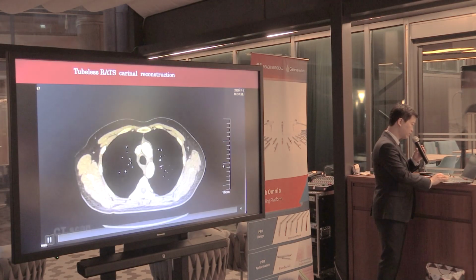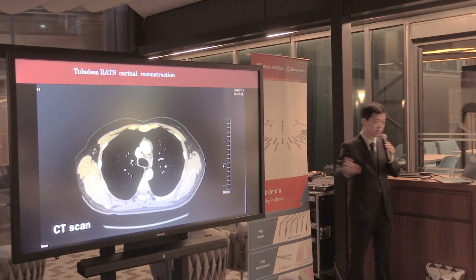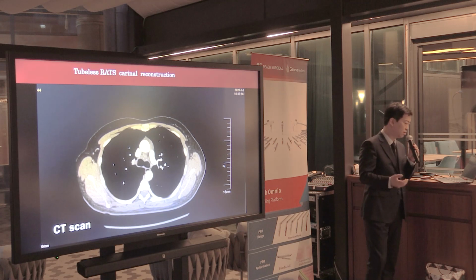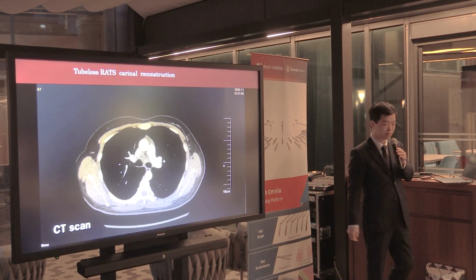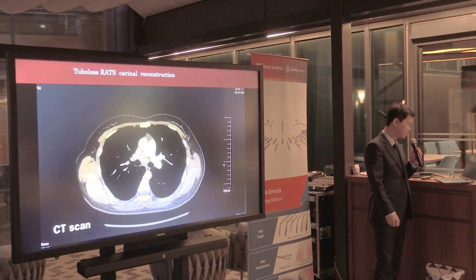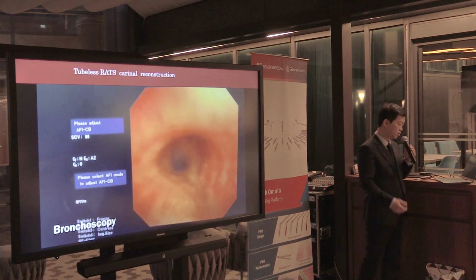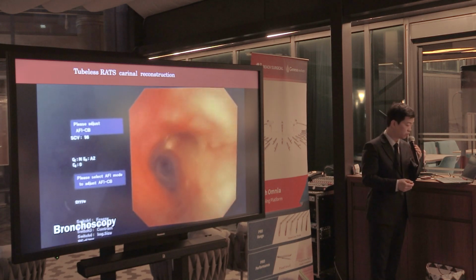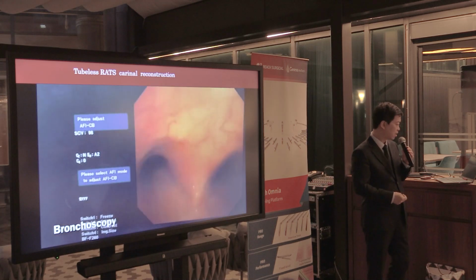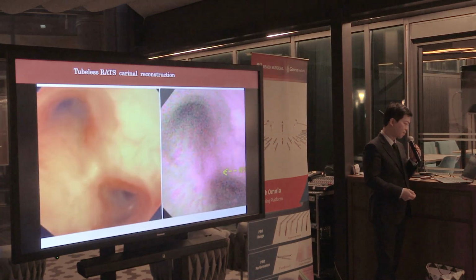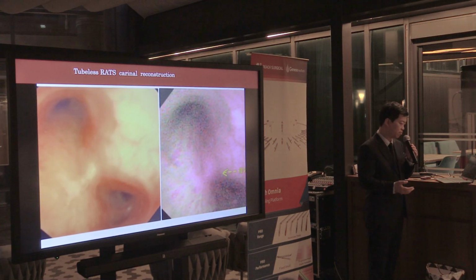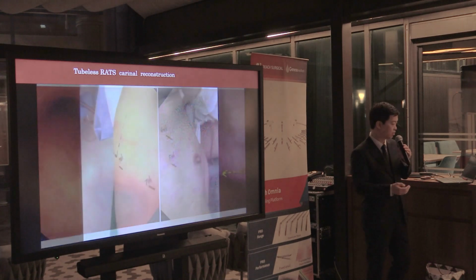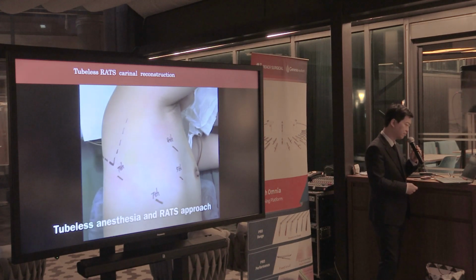So let's share the video. Now, the CT scan revealed that there was a lesion in the carina, and the bronchoscopy also revealed that after the neoadjuvant treatment, the lesion is proper for the VATS carinal reconstruction.